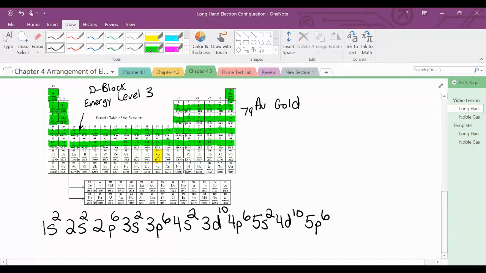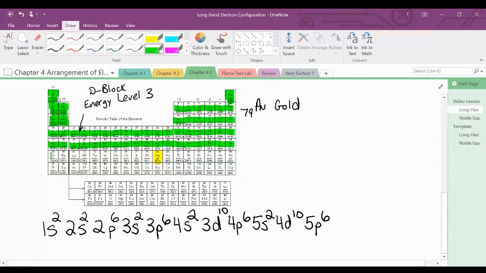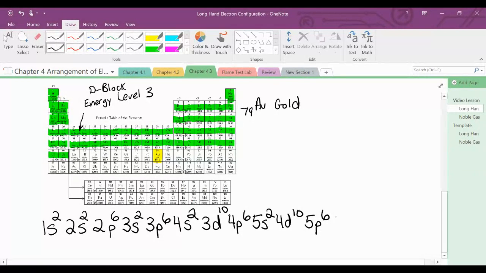We're going to move down to the S block. We're at 6s, and it's 6s2. Now, if you notice on your periodic table, there are these arrows here that point down to the F block. After 6s, we move to the F block.